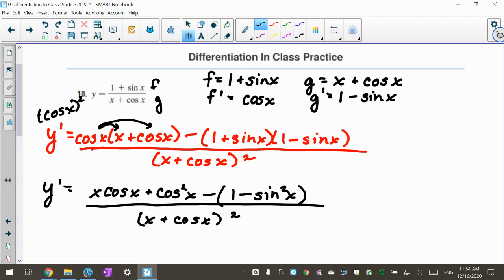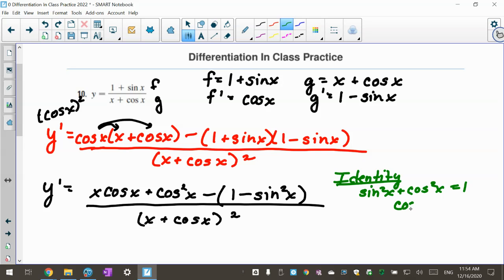Now, as soon as I see a squared like this and a 1 going on here, I'm thinking, uh-oh, I bet you this is an identity. So let's look down the identities we know. There's 3 of them that I did in class. So I know that sine squared x plus cosine squared x equals 1. And this is 1 minus sine squared, so I'm going to move this over here.